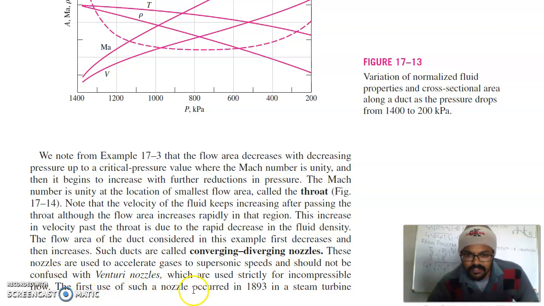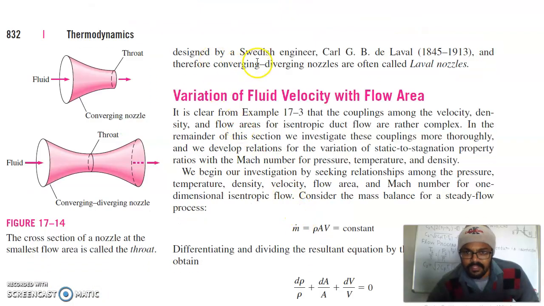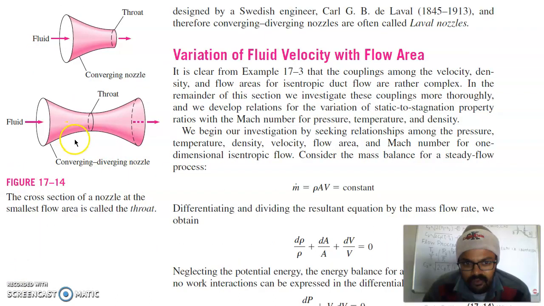The first use of such a nozzle occurred in 1893 in a steam turbine designed by a Swedish engineer, and therefore converging and diverging nozzles are often called Laval nozzles. You can see here this portion is called the throat, which is the smallest cross-sectional area in a nozzle. So this is a converging-diverging nozzle, and it can be converging only. In the case of converging, this is your throat.